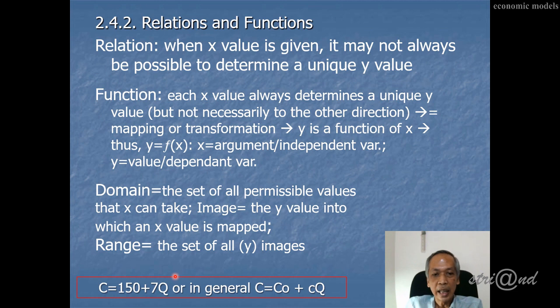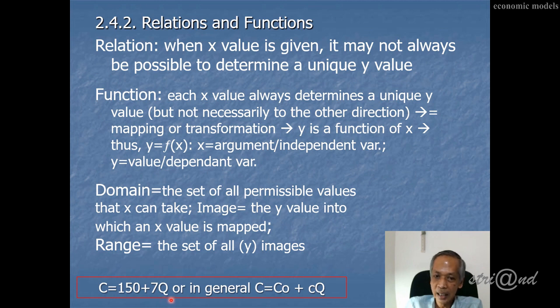Two more things listed here are domain and range. Domain is the set of all permissible values that x can take. For example, the domain is about the q here. Q is a quantity, and a quantity is not relevant to be negative.